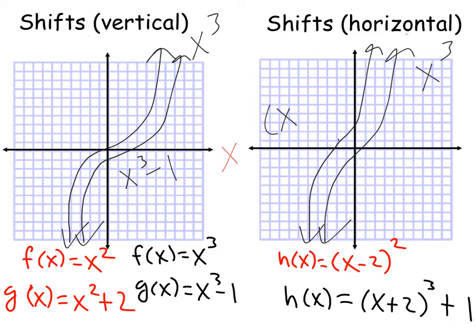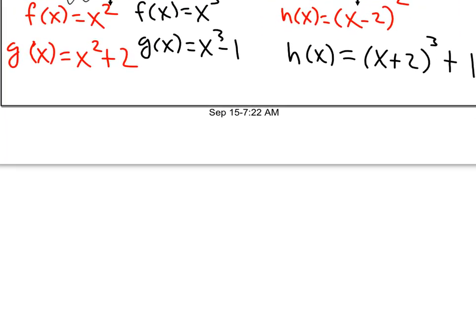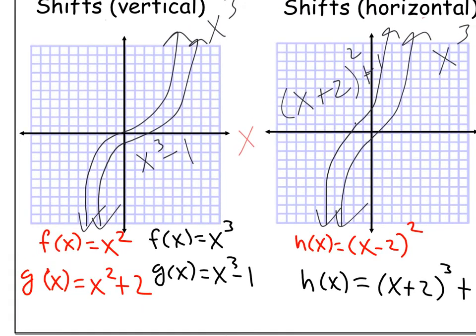And again, that's x plus 2. There's the shift of 2 units to the left, plus 1, there's the shift of up 1. Okay, so certainly you could see that scenario of both happening at the same time. So shifting, that moves graphs.